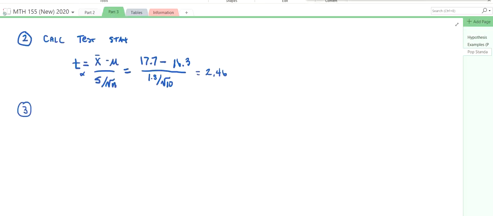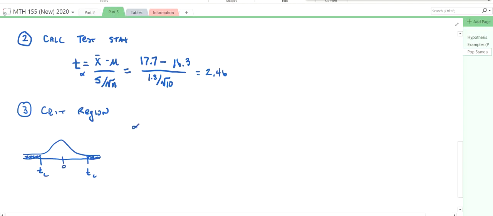Okay, so now we've got to figure out our critical region. This is a two-tailed test, like I said. We're going to have a t-value here and a t-value here as a boundary to our critical region. So if alpha equals 0.05, then each of these is going to be alpha over 2.